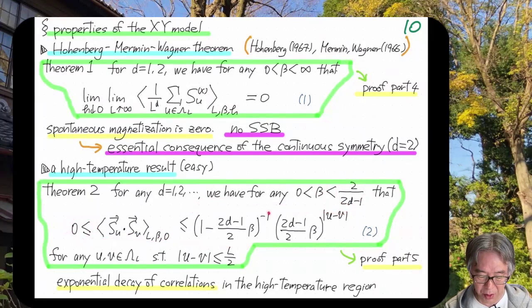What is this? Well, you don't have to care about this prefactor. What is important is here. Since beta is less than this thing, this constant here is strictly less than 1. So this factor decays exponentially as this distance gets large. So this shows that this 2-point correlation function exhibits exponential decay.